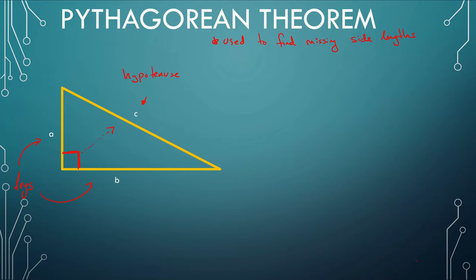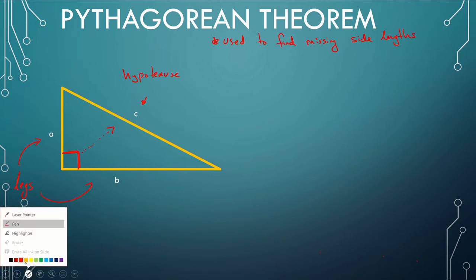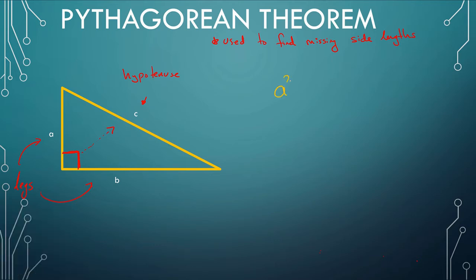How we use Pythagorean Theorem is what most of you guys are familiar with, which is what we call A squared plus B squared equals C squared. That is a Pythagorean Theorem, and we use that, or a variation of that, to find any missing side.